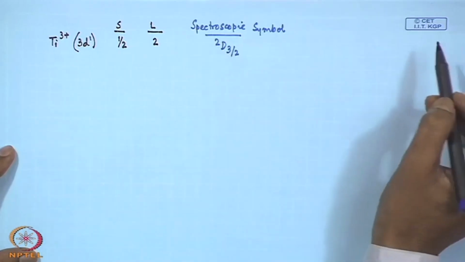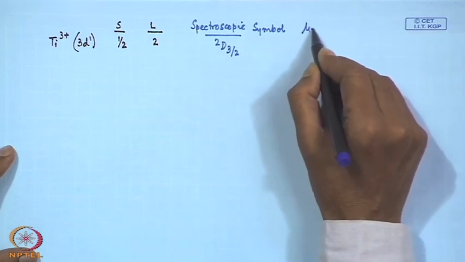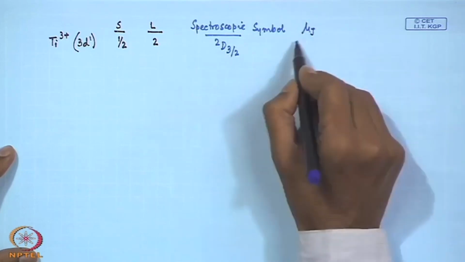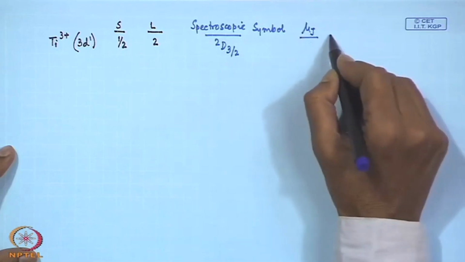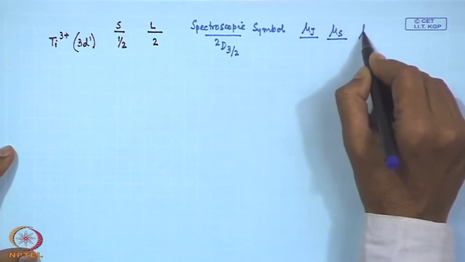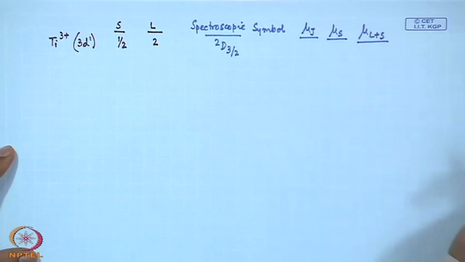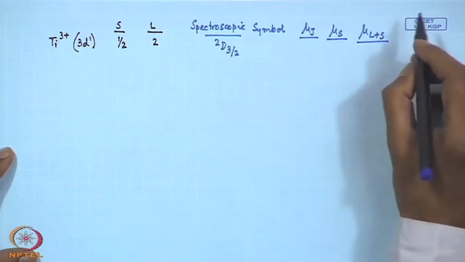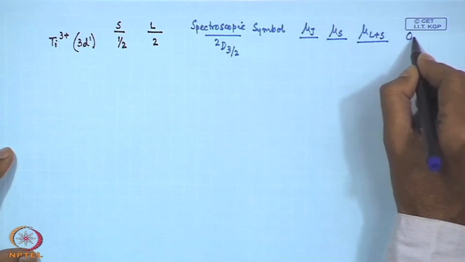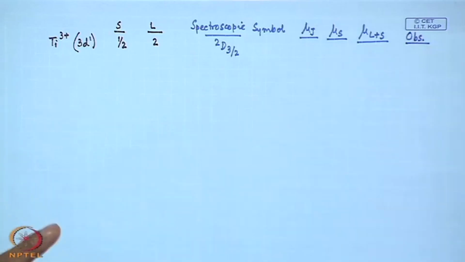For this we can utilize the corresponding mu J equation, the mu S equation, and the mu L plus S equation. Theoretically we can utilize these to get the different values and finally compare with the observed values of the magnetic moment.